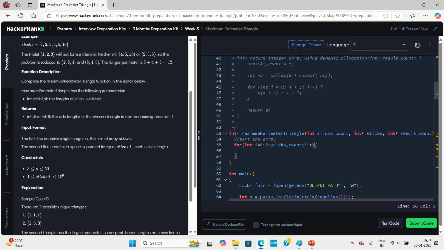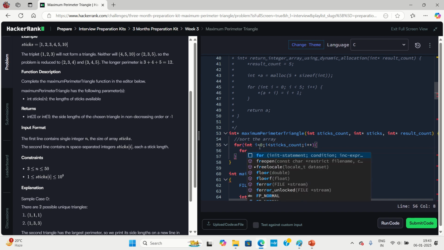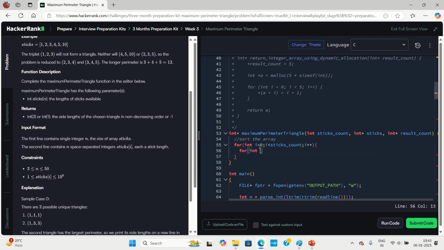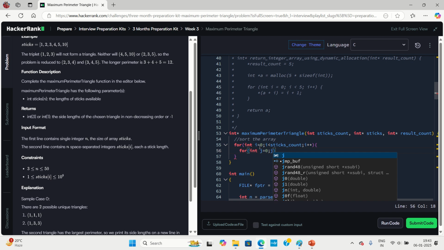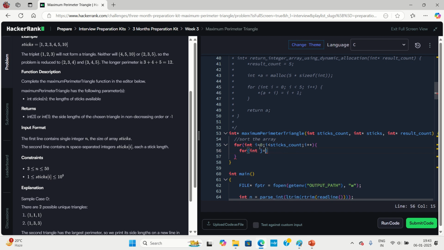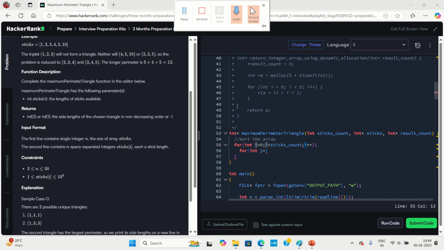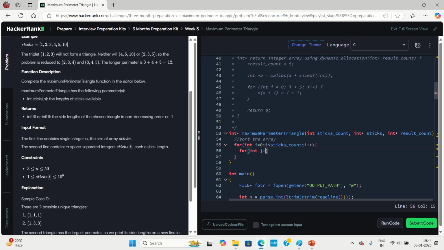Then we are supposed to start for j equal to 0, j less than... we can simply iterate over the array. I hope you know the bubble sort technique by now because I have discussed it in my previous videos.